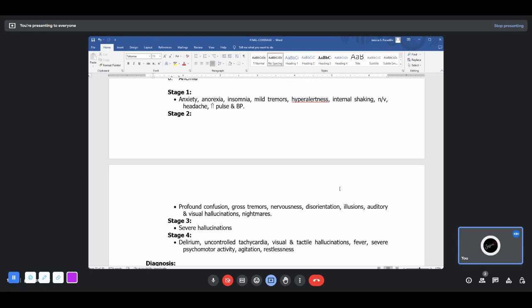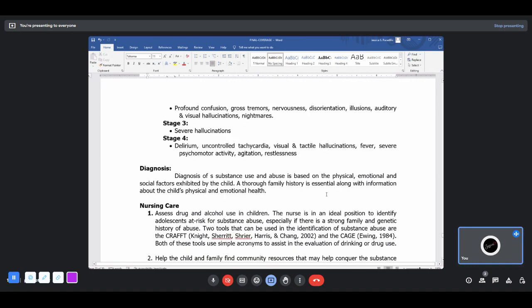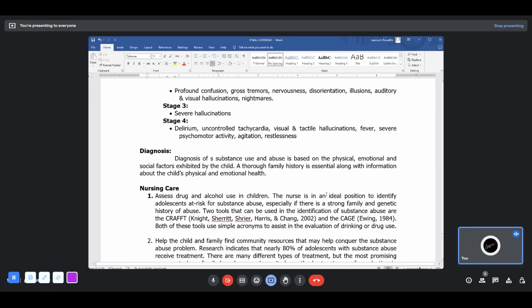There's also headache, increased pulse, and increased blood pressure. So, those are what we see in stage 1. In stage 2 naman, there is profound confusion, gross tremors, nervousness, also disorientation, they experience illusions already, auditory and visual hallucinations are present, and also nightmares. So that is stage 2.